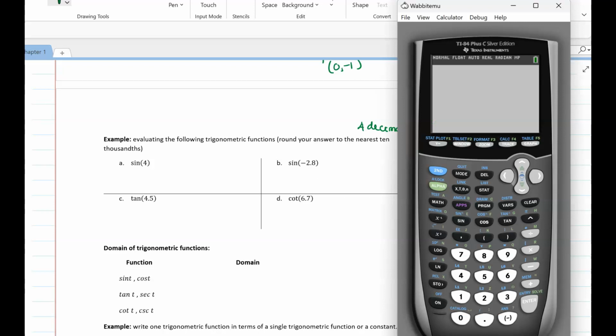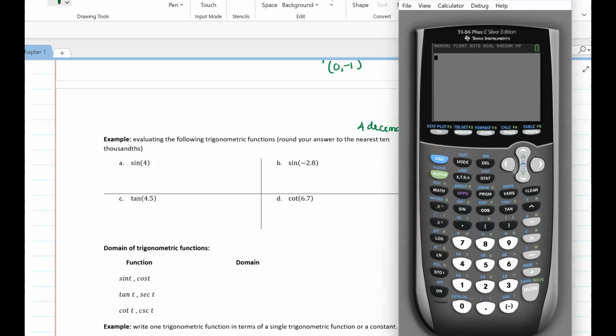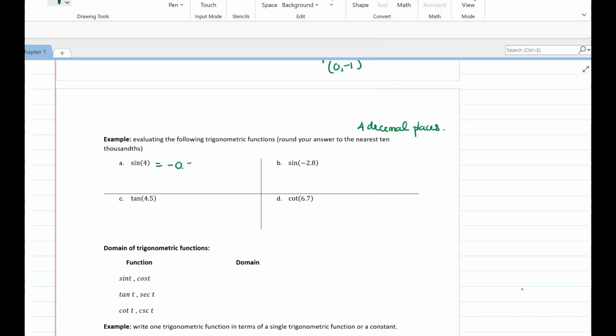Let's see how we would use a calculator to calculate this. So here I have a TI-84. We want to calculate sine. On this calculator, we have the buttons for sine, cosine, and tangent. So sine of 4 equals negative 0.7568, rounded to 4 decimal places.